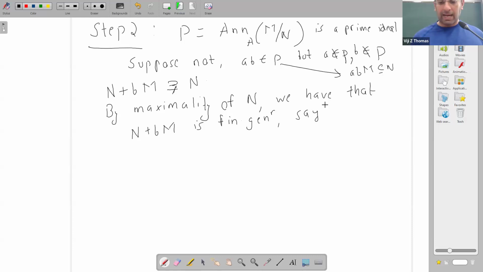Say it is finitely generated by these elements, A u1 plus dot dot dot plus A un.